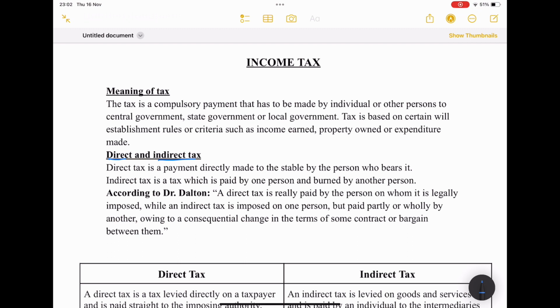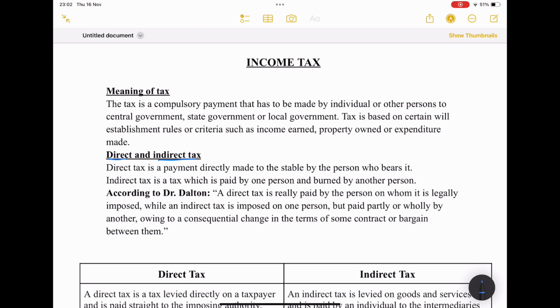Direct tax is a payment made directly to the government by a person who bears it. Indirect tax is a tax which is paid by one person and borne by another person.